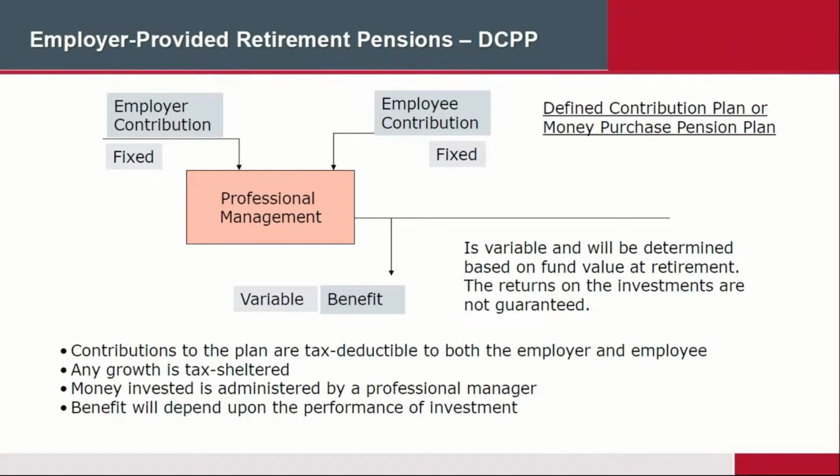In a defined contribution pension plan, we do not know. It depends on interest rates, the market, all that sort of stuff. So at age 65, the employee will have a bucket of money, and they use that bucket of money to buy an annuity. If that bucket is very small, then obviously the annuity is going to be very small.